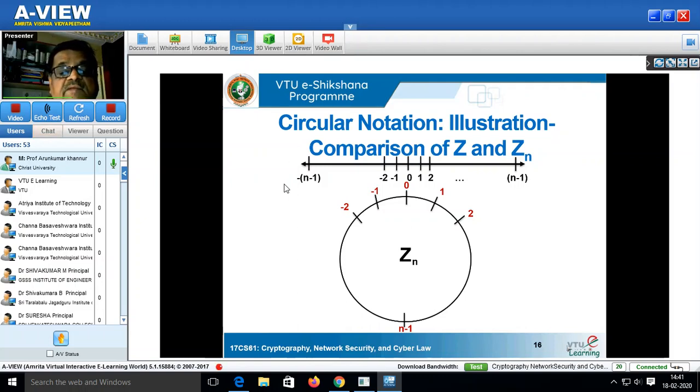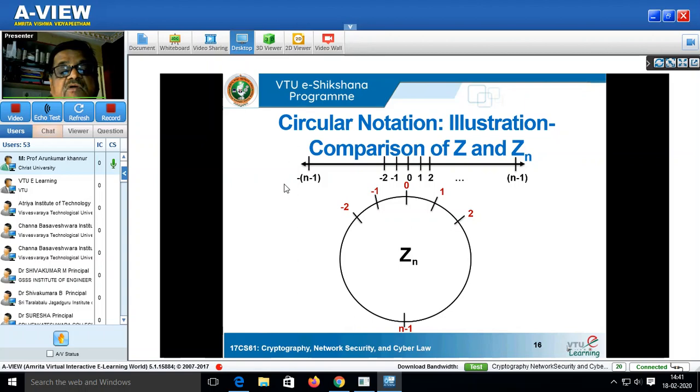Similarly, when you apply the congruence of Zn on all values of the integer set that result in residue 1, then from the center of the circle up to 1, all the values that result in residue 1 will come on that line.